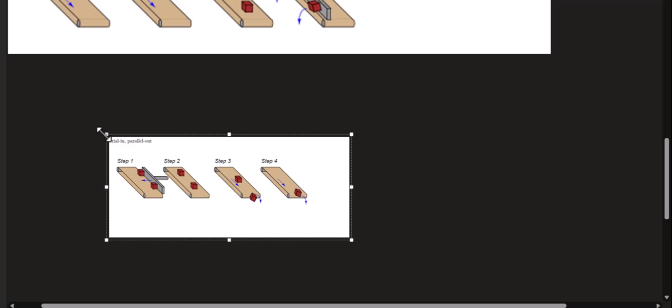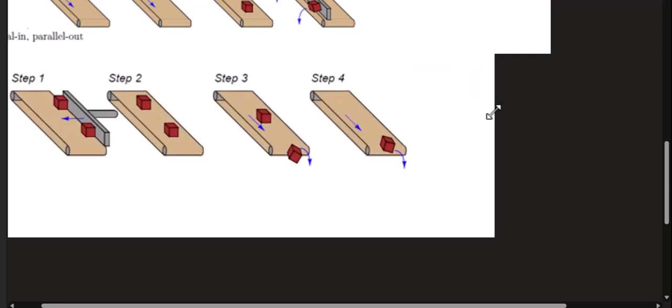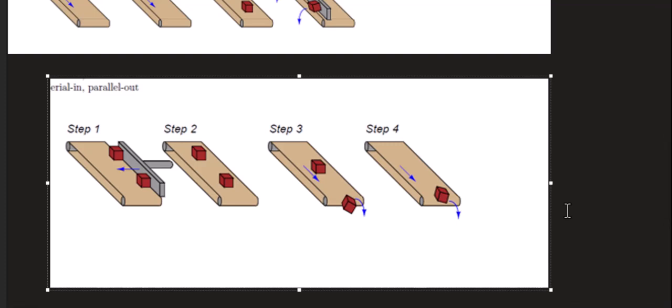All right, so how about this one? Parallel in or serial in, and parallel out or serial out? Parallel in because they're both coming in at once, and serial out because they're going out one at a time.